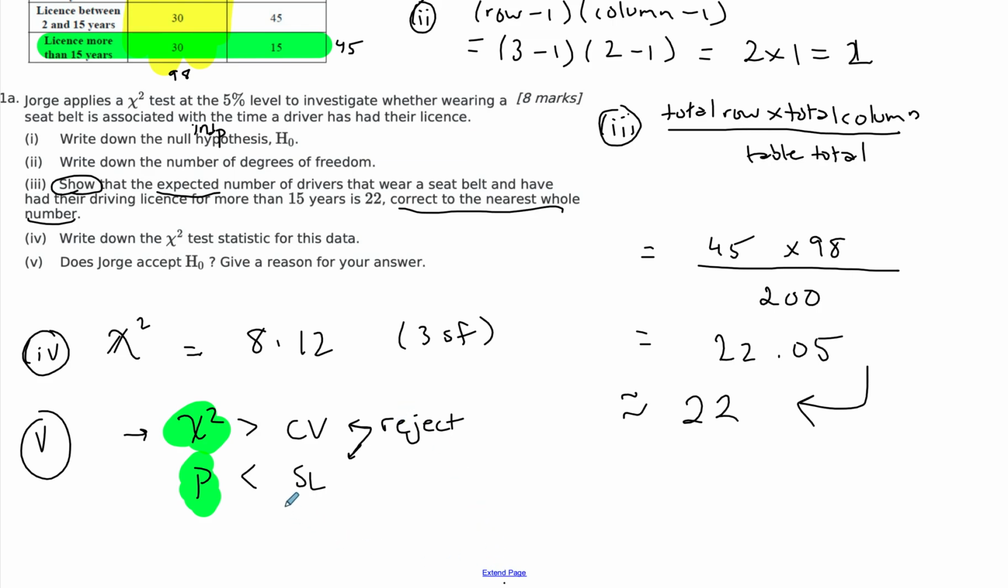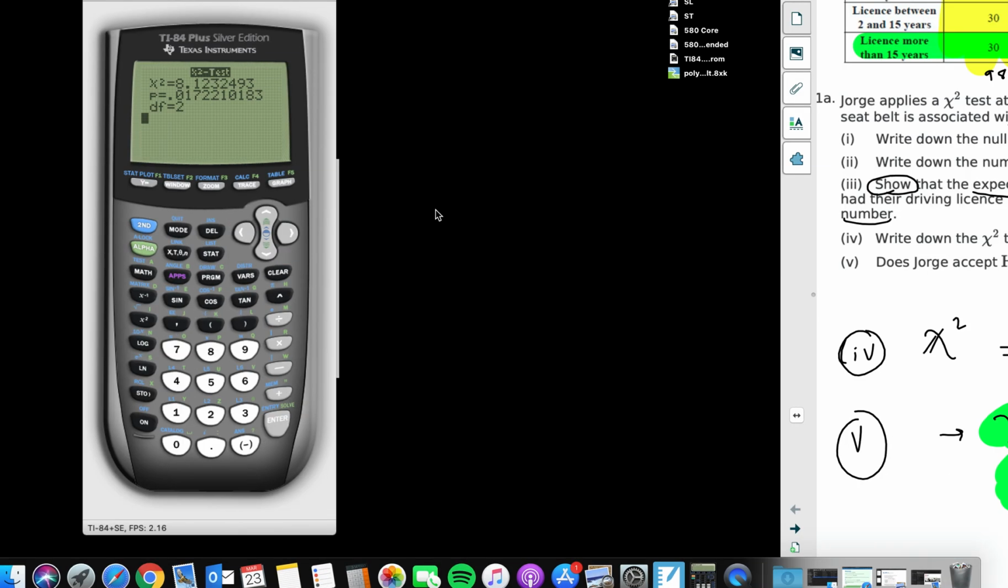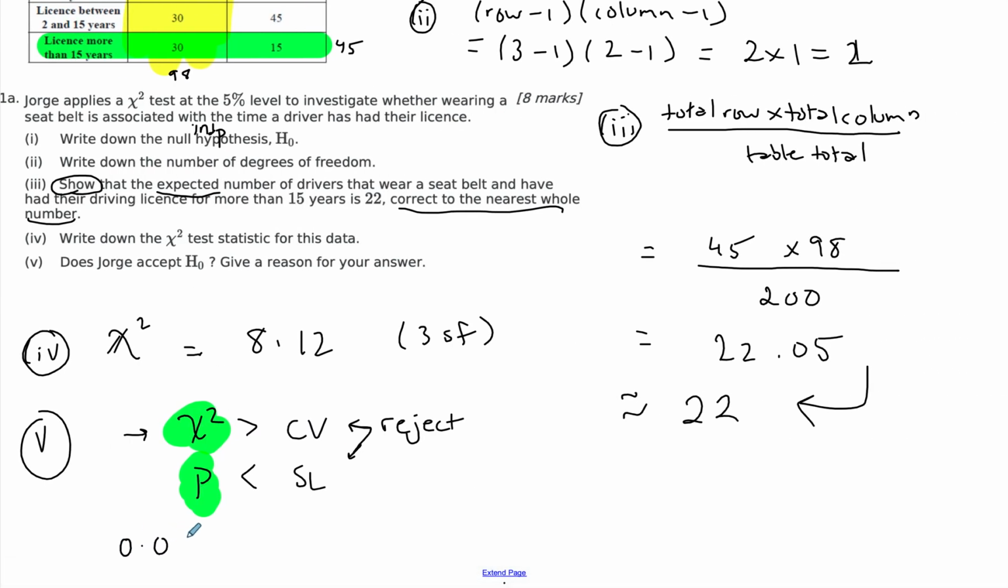Now, we don't have a critical value, so we'll use our p-value, which in our case was 0.0172. Your significance level is 5%, but you're going to write it as a decimal, so it's 0.05. And obviously, your significance level is bigger than your p-value, so you reject the null hypothesis.